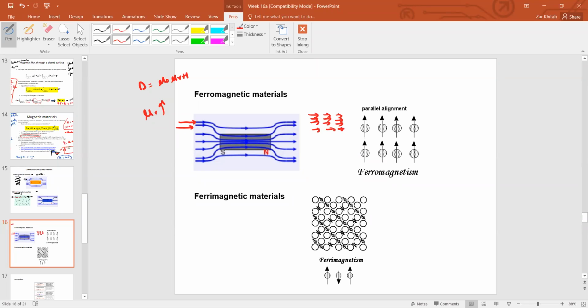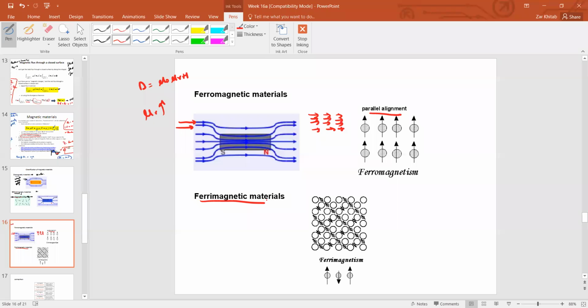So that's why these materials are very strong, because their internal electronic spin reorients itself in the direction of the external magnetic field. Or in simple words, I would say these materials favor the external magnetic field very strongly. That's why they are very strong magnets. So the alignment is very good in ferromagnetic materials.